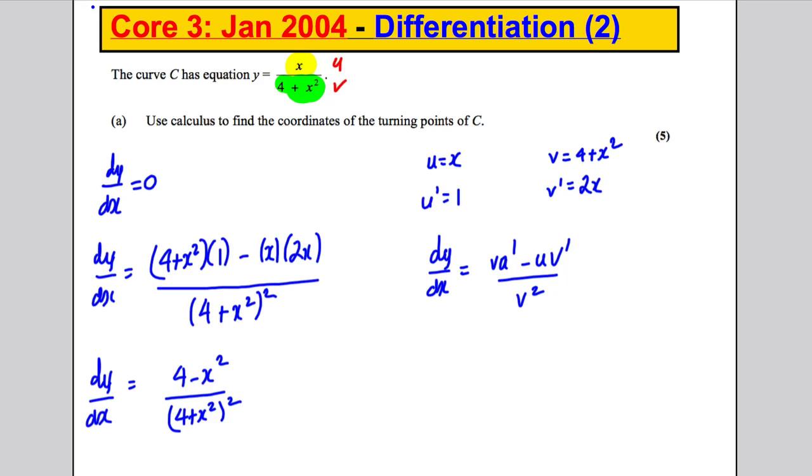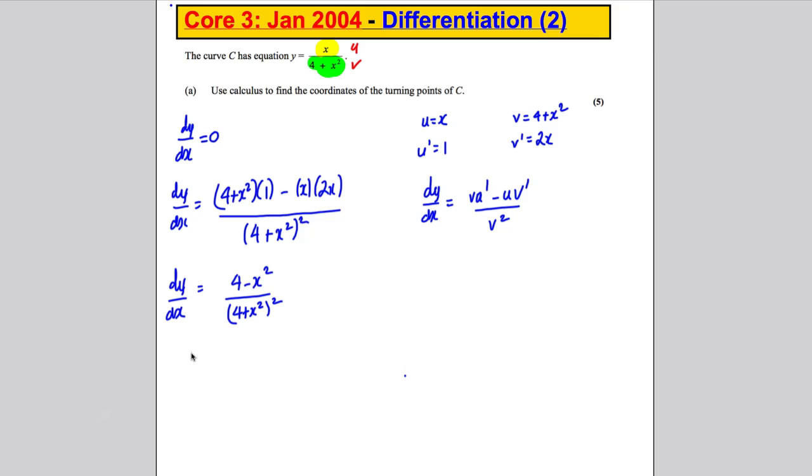Now, we know dy by dx is equal to 0 at a turning point. So what we want to do, we want to solve 4 subtract x squared over 4 plus x squared, all squared, equals 0. Times both sides by 4 plus x squared all squared. We would then therefore get 4 minus x squared is 0. We would get 4 is equal to x squared, adding x squared to both sides, and that would give us x is 2 or x is negative 2.